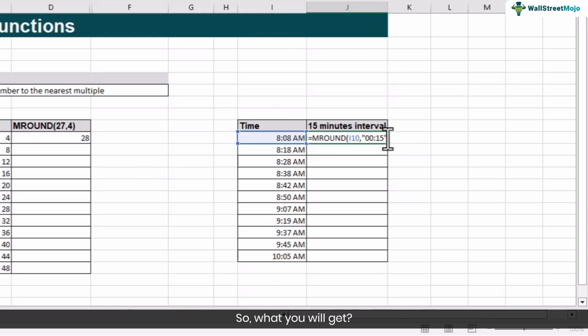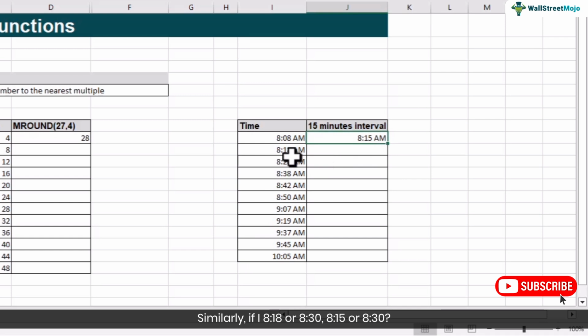So what will you get? Will it go to 8:15 or will it go to 8:00? Which is nearer? It has to go 8 steps back to reach 0, and it has to go 7 steps forward to reach 15. So where should it go? Should go to 8:15, because 8:15 is nearer. Similarly, if I have 8:18, 8:15 or 8:30?